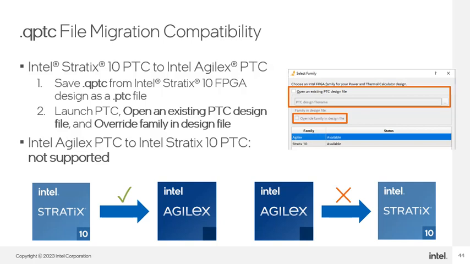Then, launch a new instance of the PTC, choosing to open the existing .ptc file just created and enabling the Override Family in Design File option. Select the target Intel Agilex device you want to use and proceed to use the previously entered resource usage information. Note that you cannot take an Intel Agilex .qptc file and import it for analysis on an Intel Stratix 10 device.